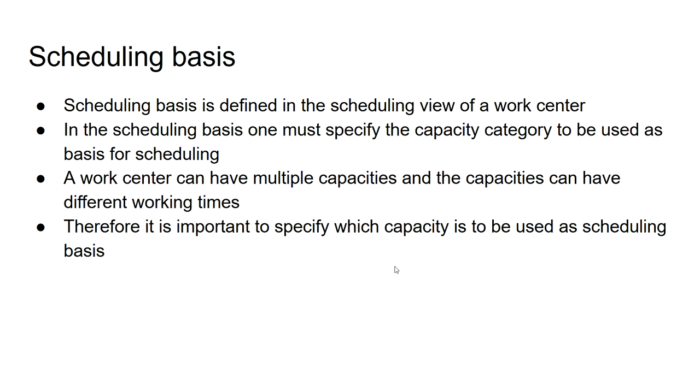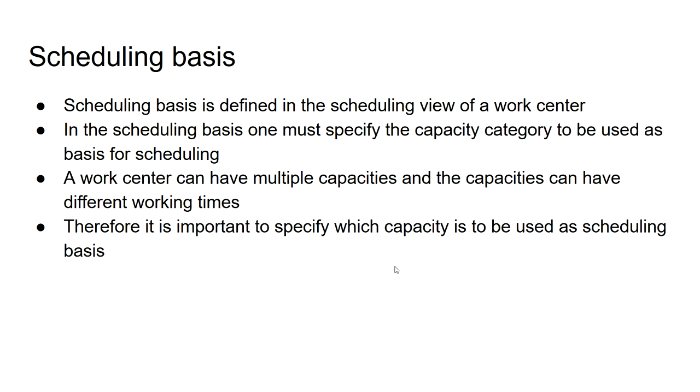Then there's the scheduling view of a work center, and here it's important to note that you can specify the scheduling basis. In the scheduling basis, you can specify a certain capacity category that is used as the basis for scheduling.